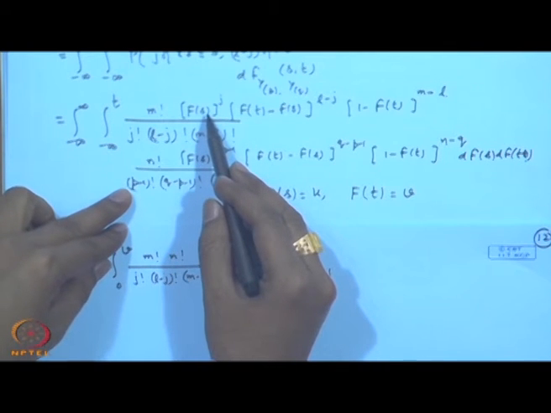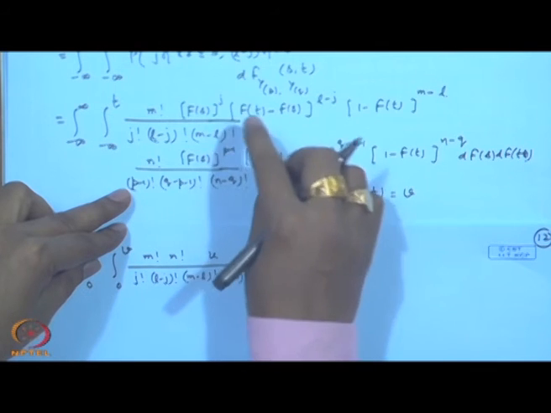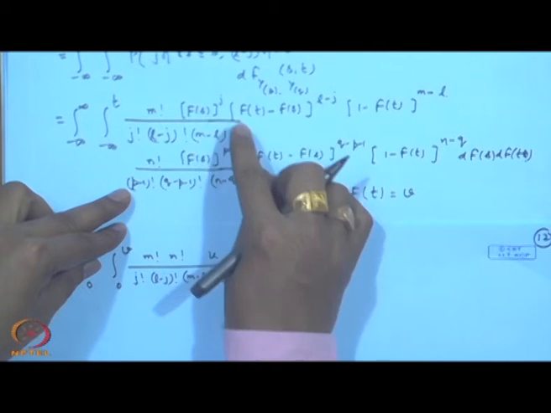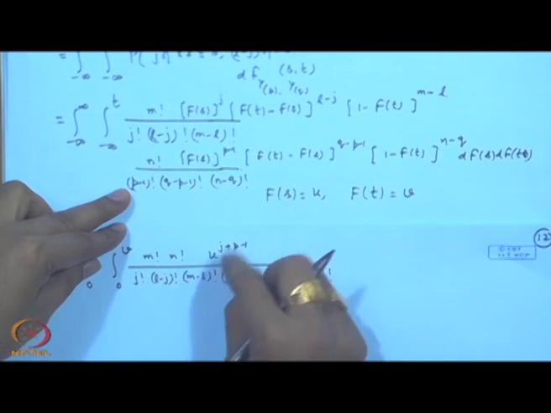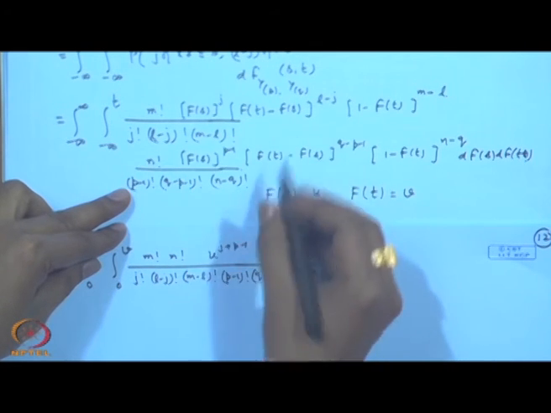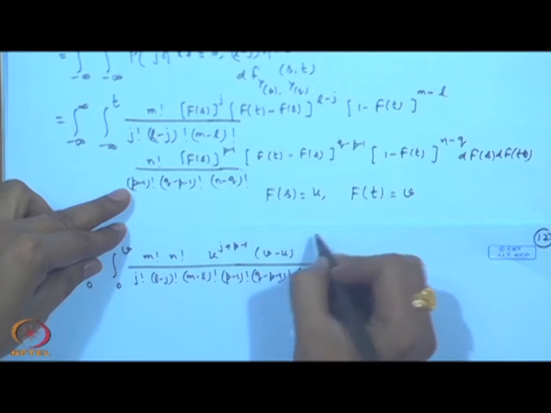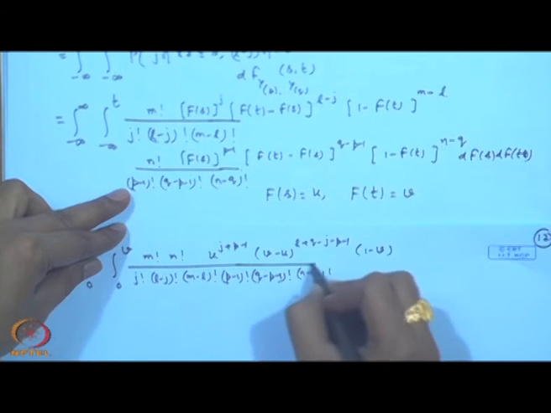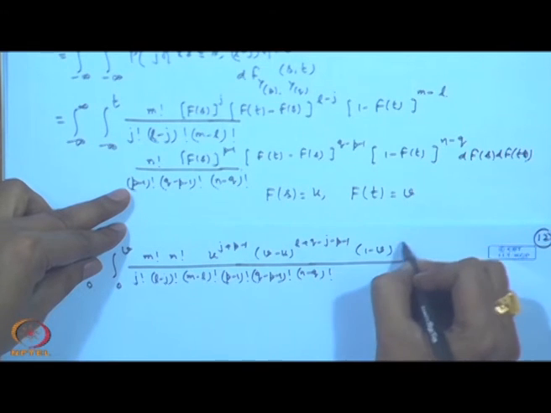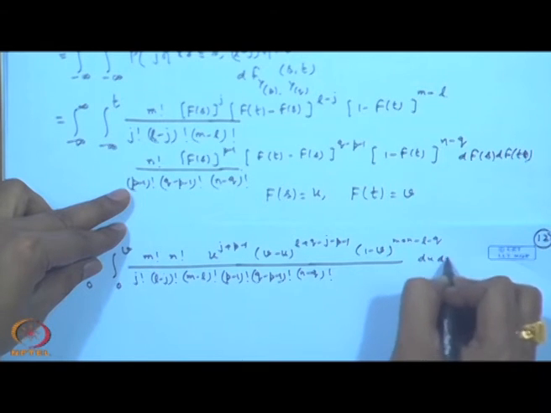You will get u to the power, that is f s to the power j plus p minus 1. So, that is becoming u to the power j plus p minus 1. Then we have v minus u to the power L plus q minus j minus p minus 1. Then you have 1 minus v to the power m plus n minus L minus q, du dv.